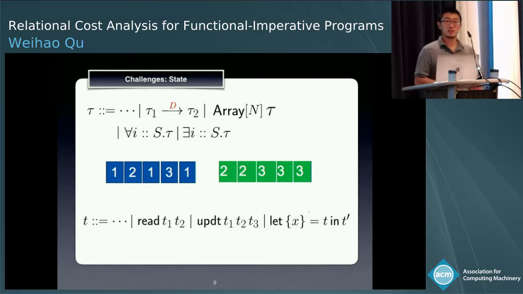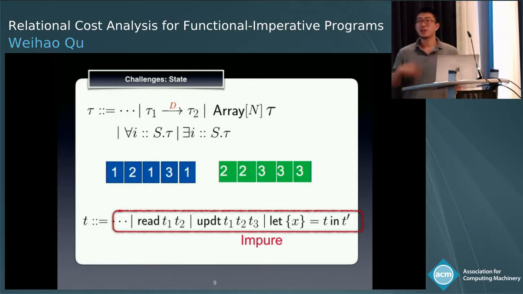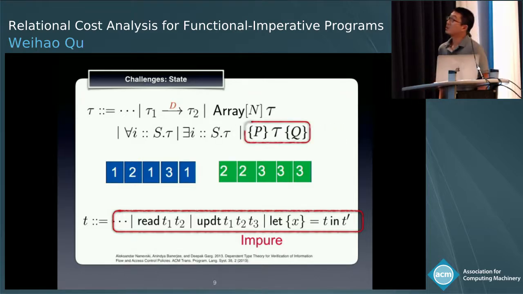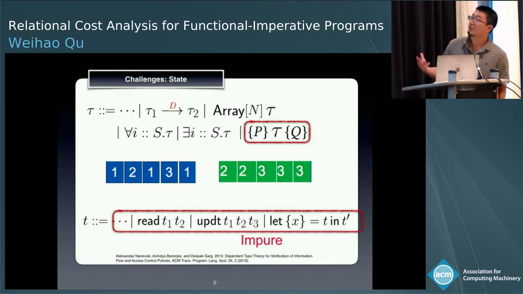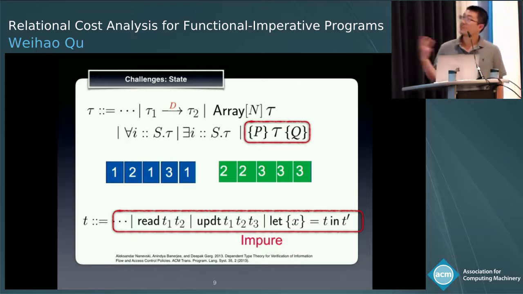In our system, we view these array-based operations as impure computations that will access the heap with side effects. And these computations will now be internalized with our relational or triple-star monadic type. I will leave the monadic types for later for more details.